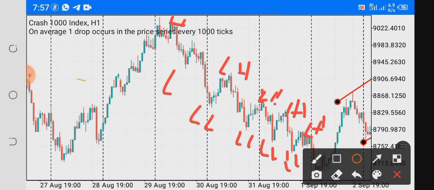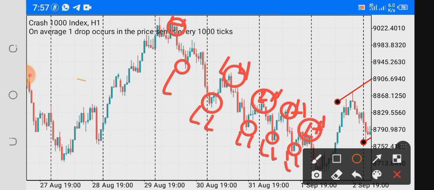So now look at this point, which is our high. Look at this point, which is our low. Look at this point, our high, as in our lower high. This is our lower low. This is our lower high. This is our lower low, lower high, lower high.